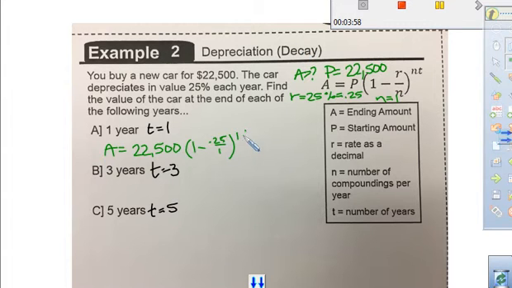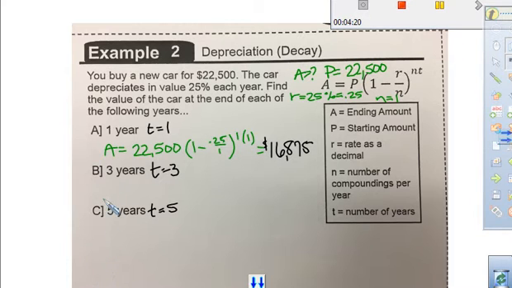And then we have 1 times 1, which is essentially just 1, and when we type it in on the calculator, we get 16,875.